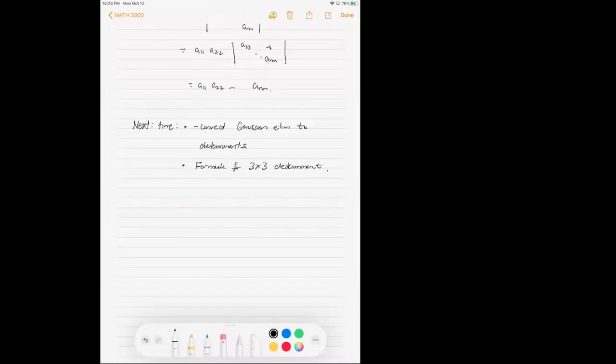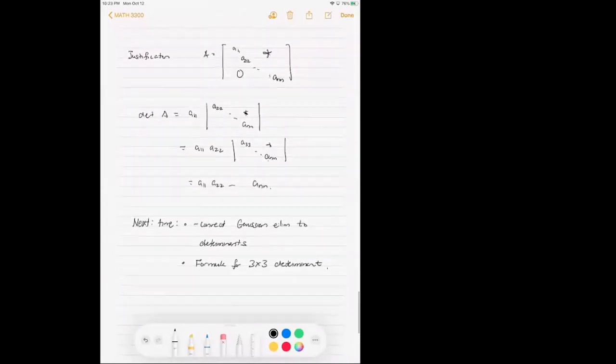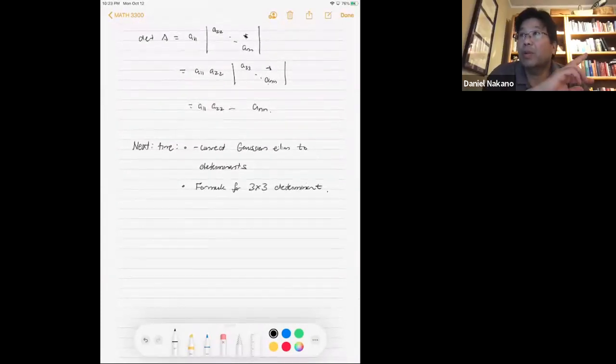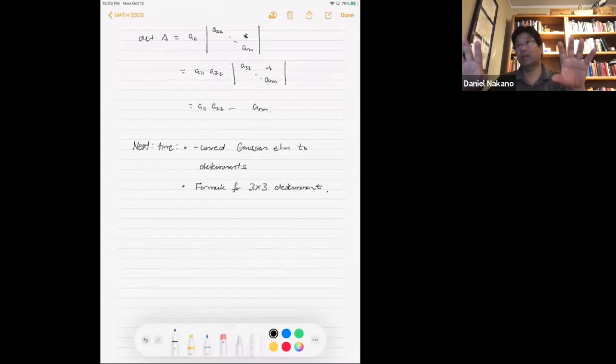I'm looking back here, and so does row switching change the determinant? Yes. So if you permute two rows, then it's -1 times the determinant. So if I take a matrix and then we have the determinant of this matrix, I have another matrix where two of the rows are interchanged, then the determinant of this one is -1 times the determinant of that one.